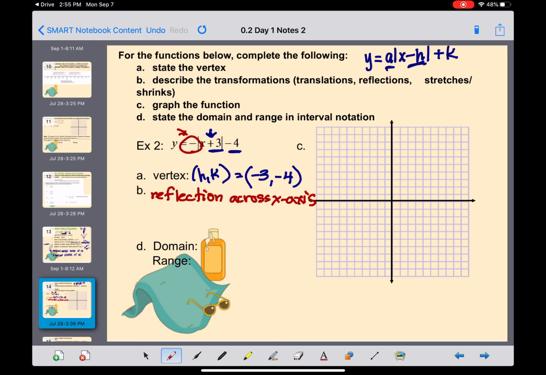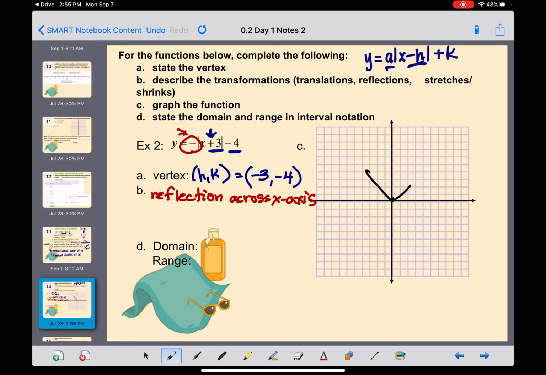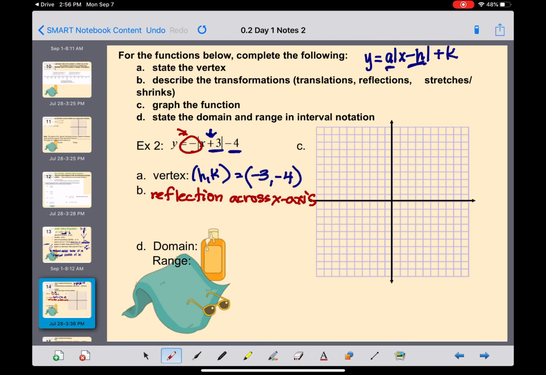And there's other lines you can reflect it across, but my parent function would look like this. So it would be like this. And if I am doing my reflection first, now it's going to be opening down. All right, then I want to say if there's any stretch or shrink.